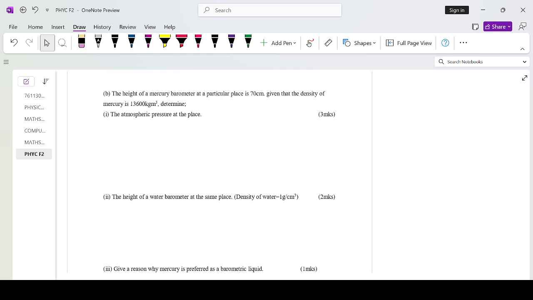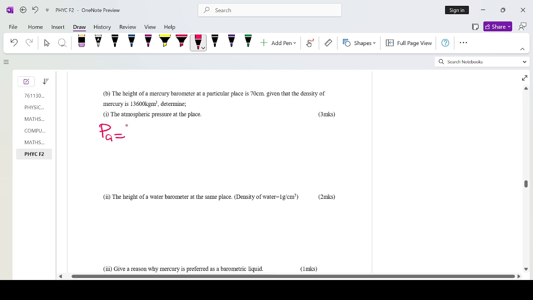So in the calculation we say atmospheric pressure should be given by H rho G, where H is the height of the mercury, but remember in SI units, so that will be 70 over 100 times the density, which is 13,600, times the gravity, which is 10.